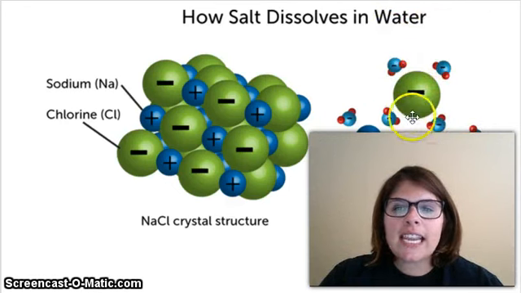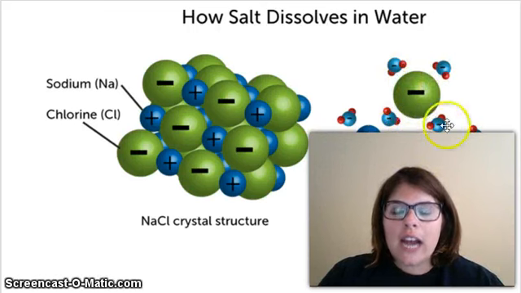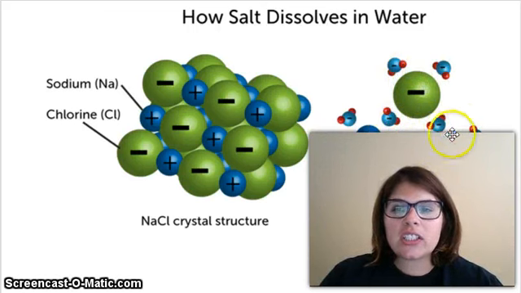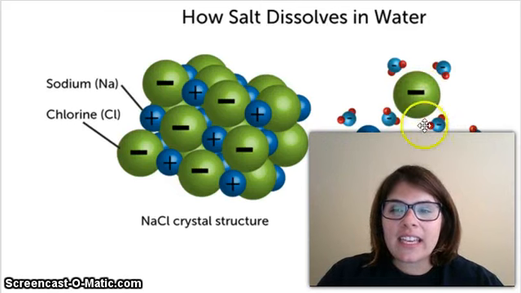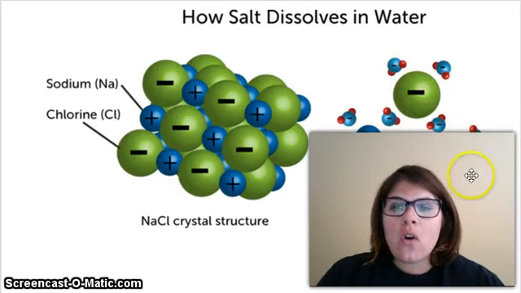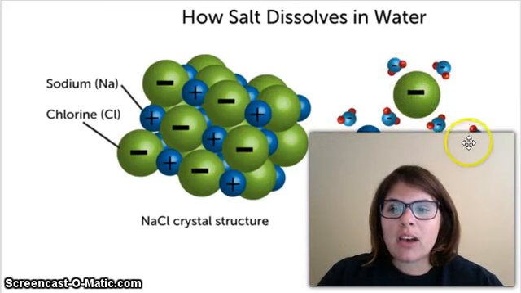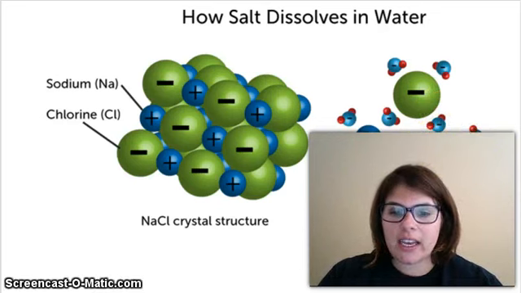So if you have a negative ion, you're going to actually form a hydrogen bond between the hydrogen and the negative ion, or a hydrogen bond between the oxygen and the positive ion.